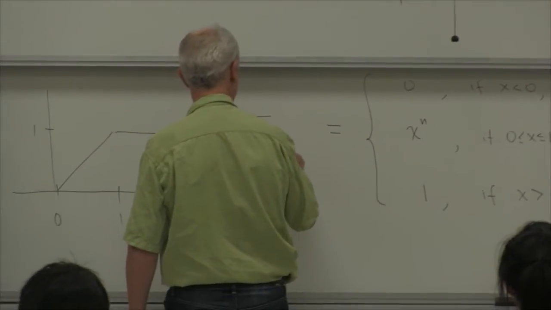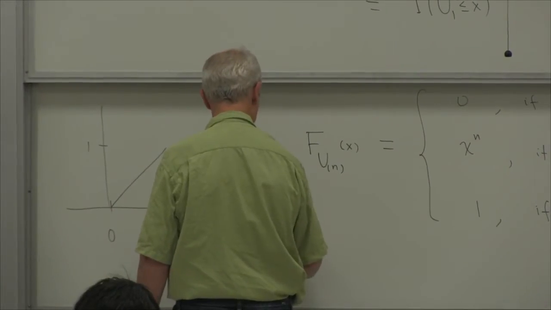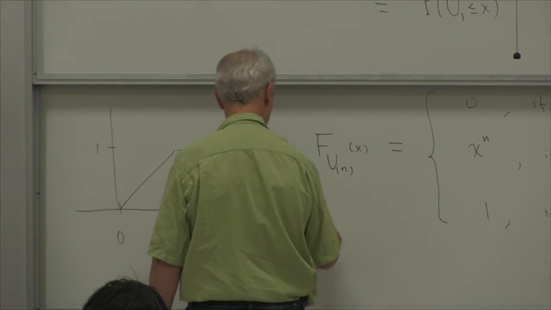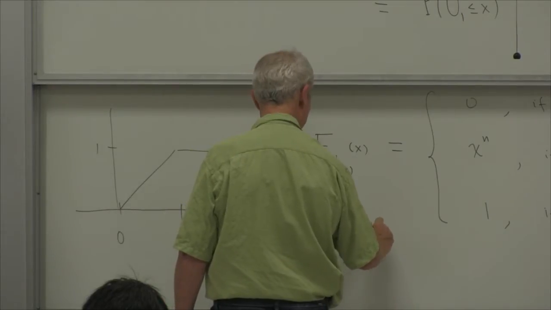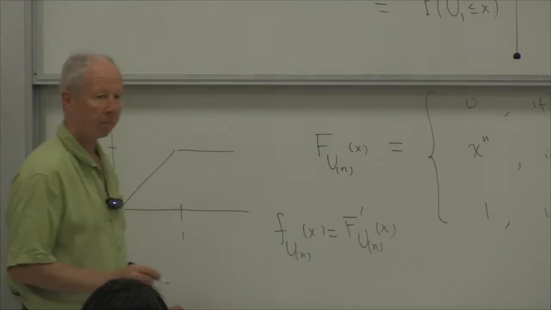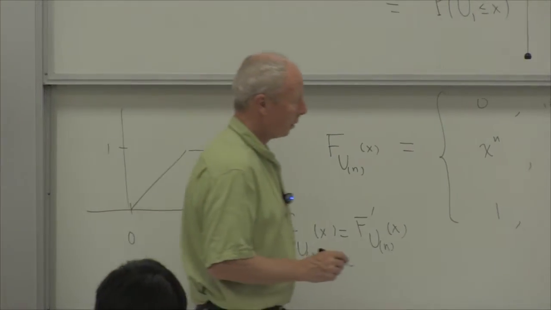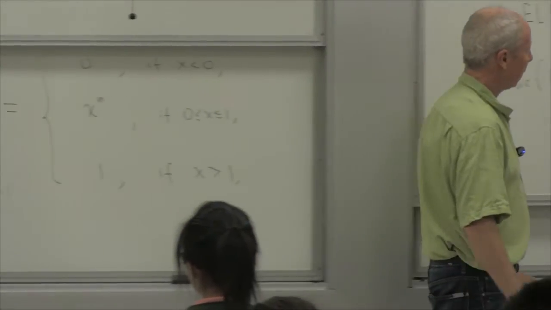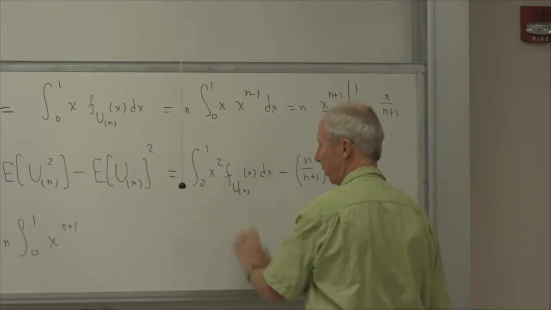Oh, yeah, right. And then the PDF is the derivative of that. So we get x to the n plus 1 when we multiply these two together.